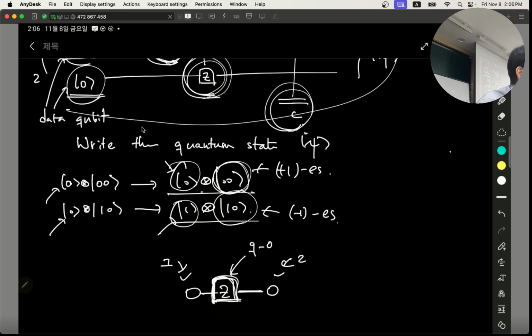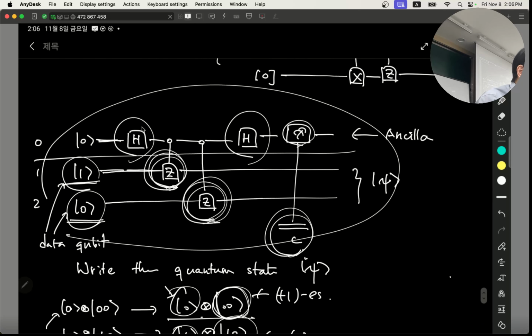Okay. Now, since we are familiar with this, suppose that my state in the beginning was 1, 1. What will be the measurement outcome? It will be 0. Why? Because 1 is already the -1 state. So we have the Z measurement.